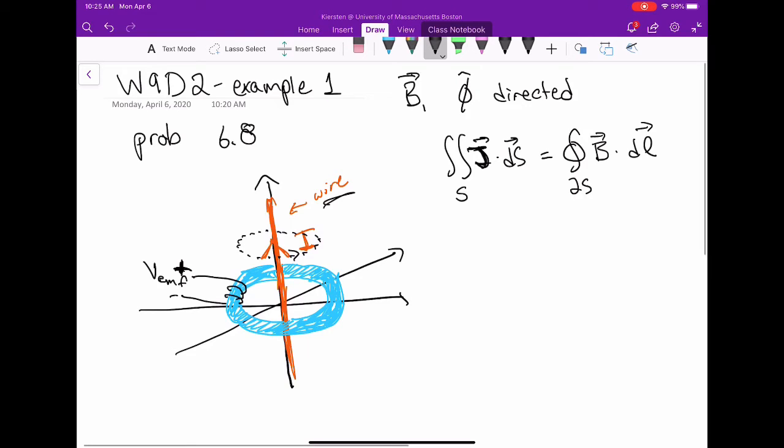So this current flowing through the center of the contour, that's easy. That just works out to I because we have a simple wire carrying just the current I.